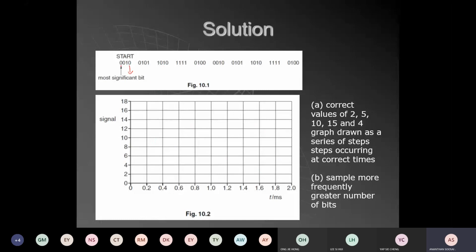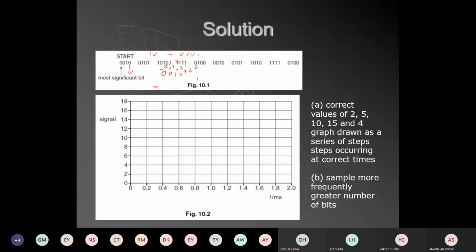How many volts is this, 0010? One volt is 0001. This 0010, what voltage? So for 0010, the first is 2 power of 0, the second is 2 power of 1, the third is 2 power of 2, then 2 power of 3.